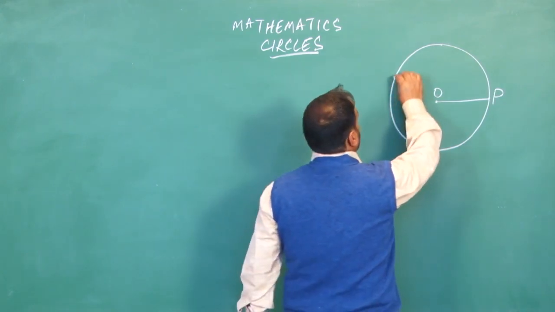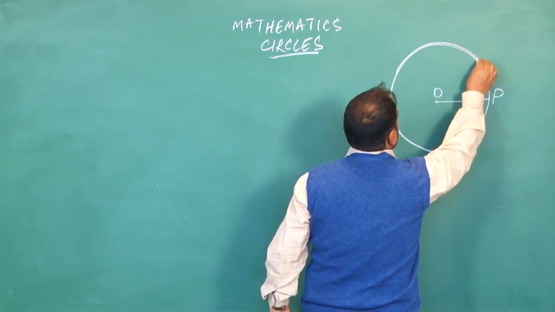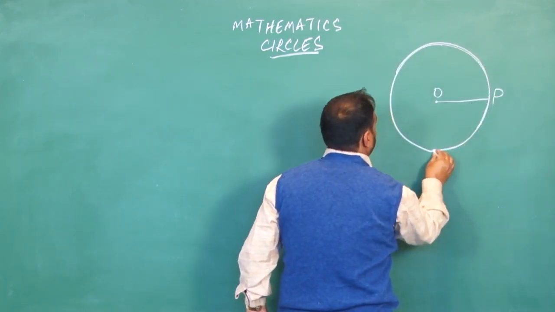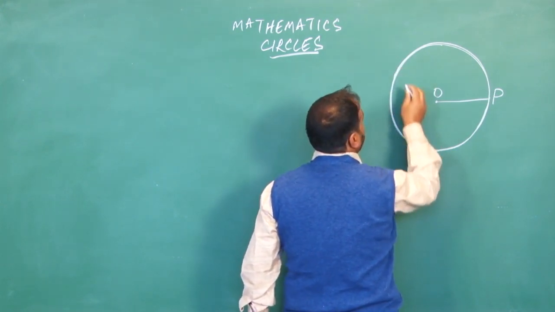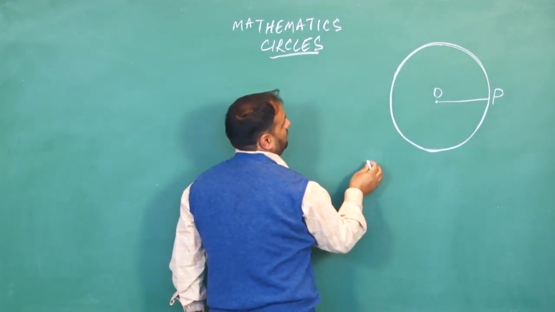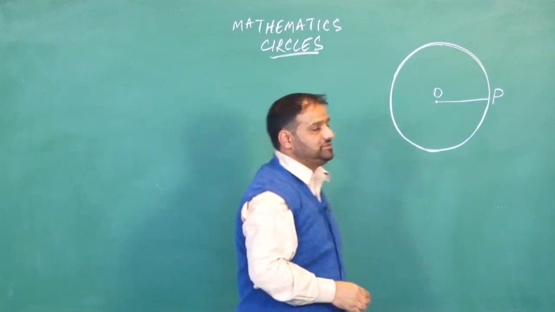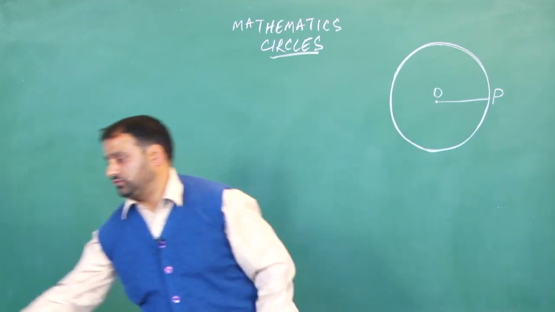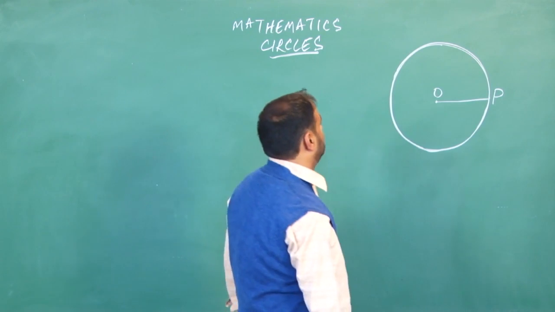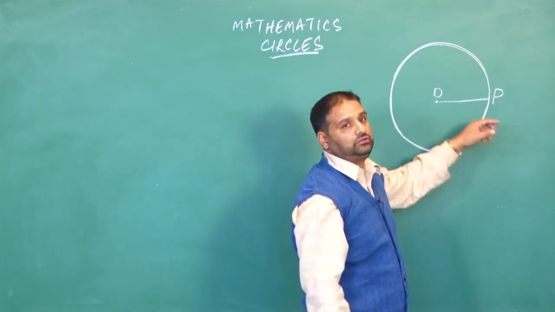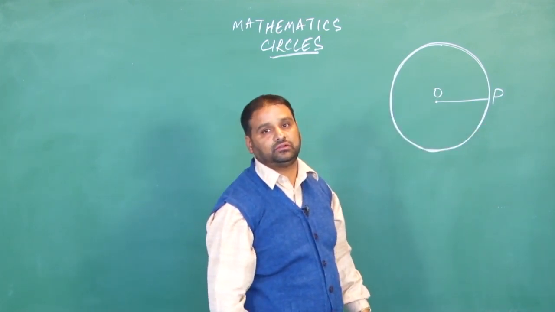The length along the circle, that is round in shape, is called the circumference of the circle. The circumference of the circle is the perimeter of the circle also. We can call it either perimeter of the circle or circumference of the circle.